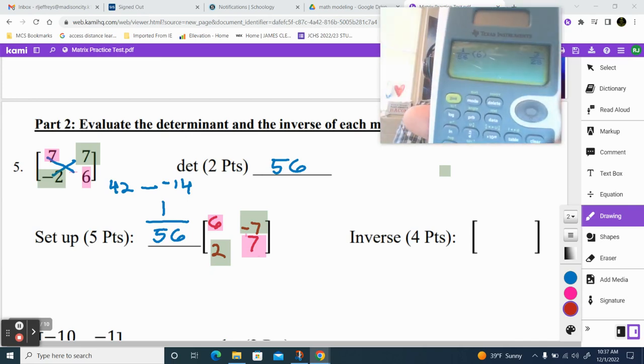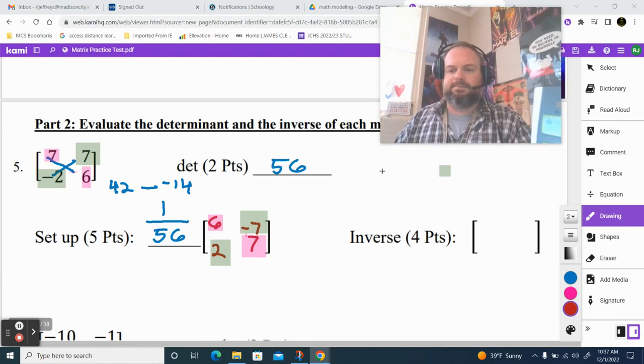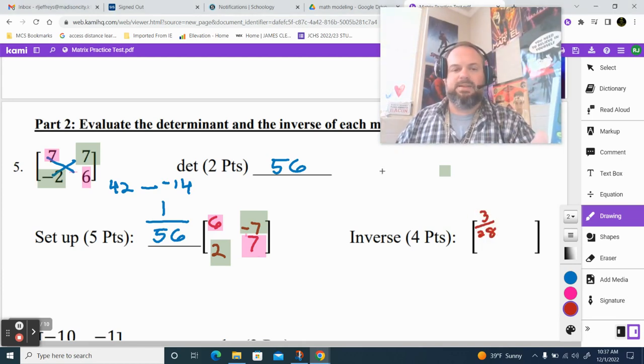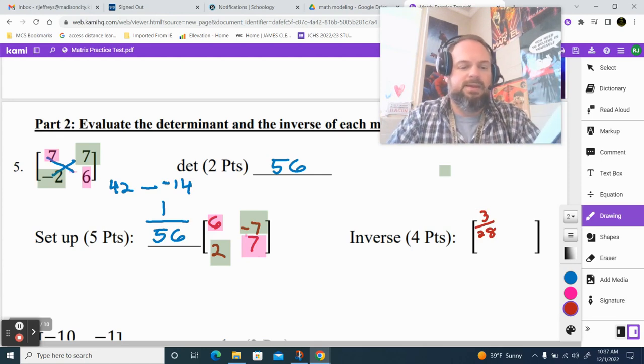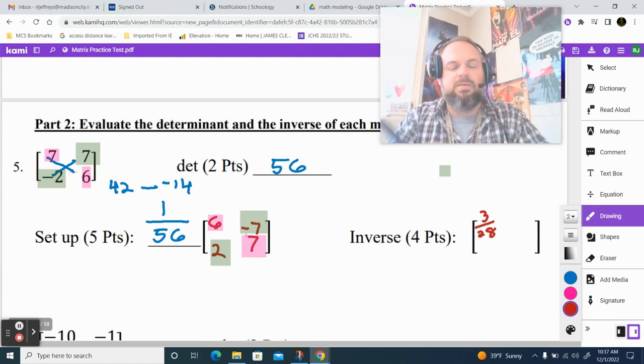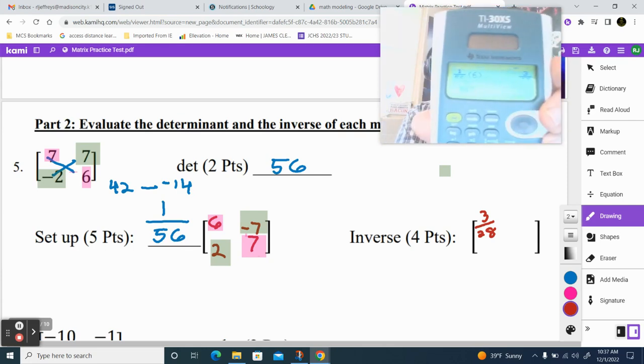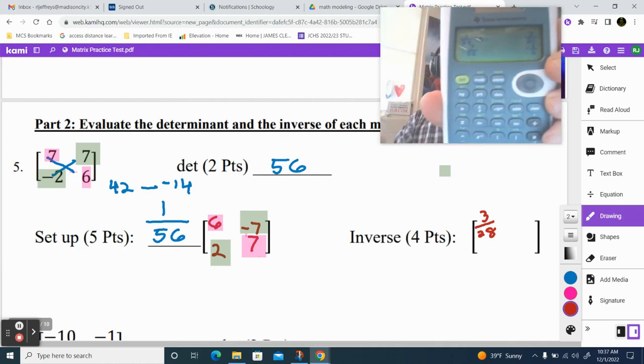And yeah, it reduces down to 3 over 28. Now, 1 over 56 times -7, that's the same thing. I could just go ahead and say -7 over 56. And I get -1/8.